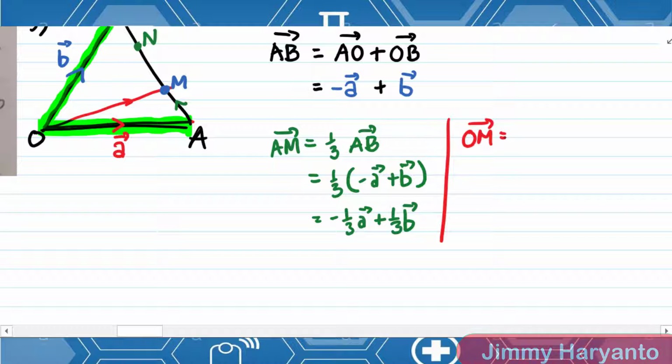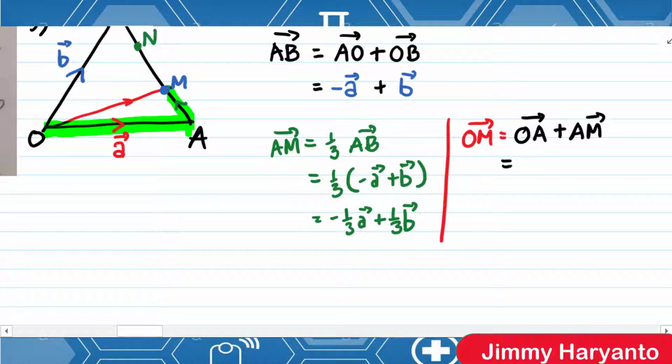To find OM, it's easy. You only have to move from O to M. I will erase this one first. From O, go to the right side, and then go up until you reach M. So the formula for OM will be OA, go to the right side, plus AM.